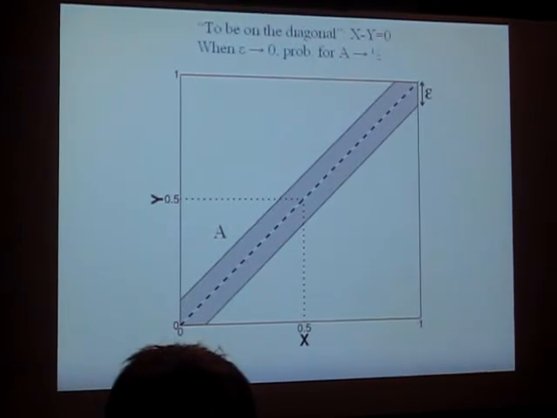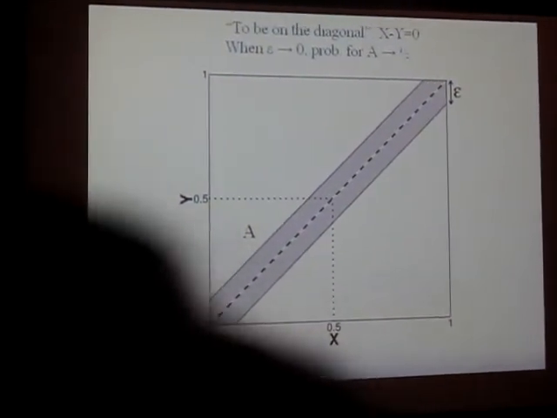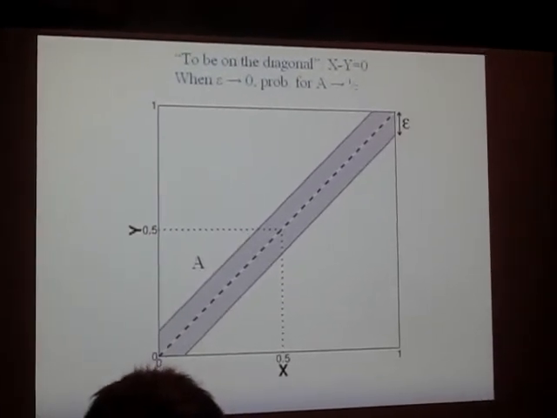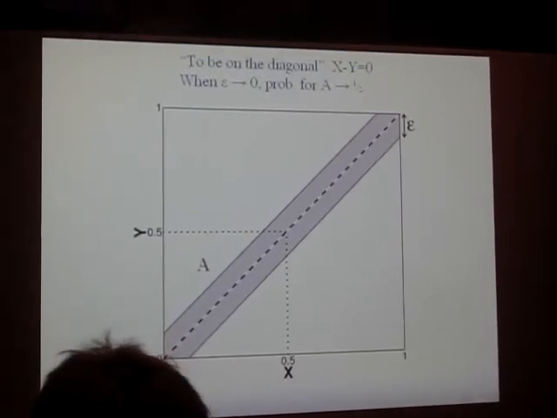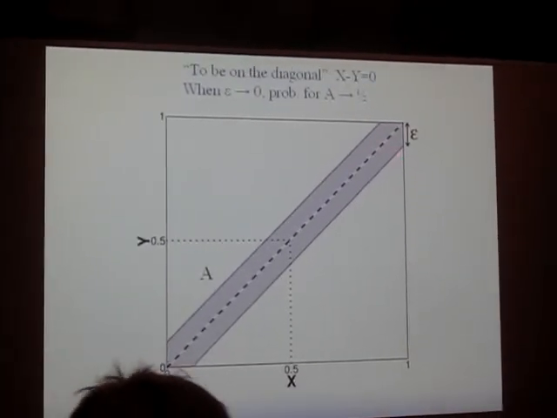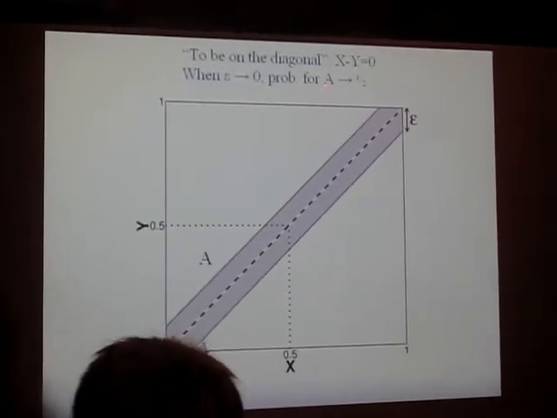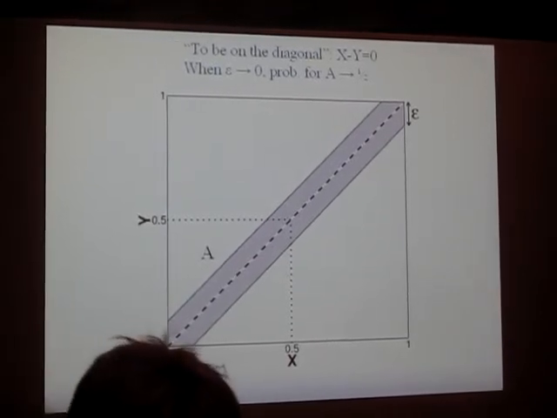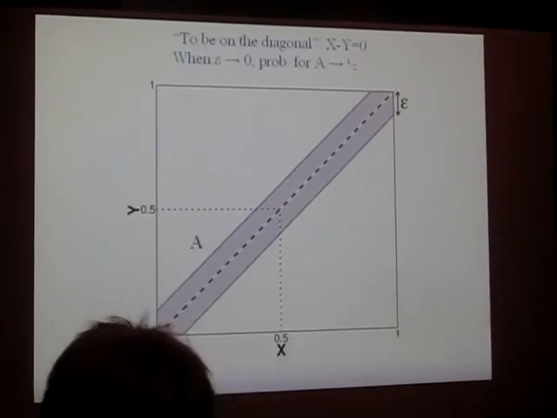You need an idea of what it means to be on the diagonal. In one conception, you can just say x minus y is 0. If you then let epsilon go to 0, you can calculate the probability that you're in A, and it's 1/2, which is intuitive, I would say.